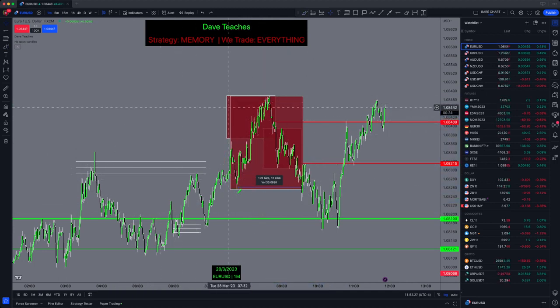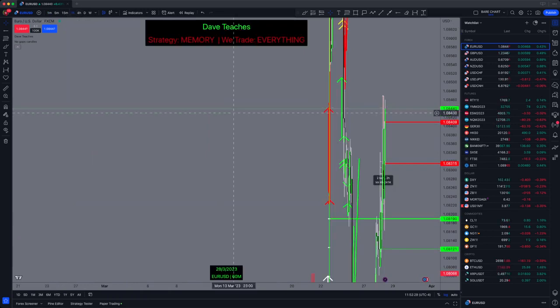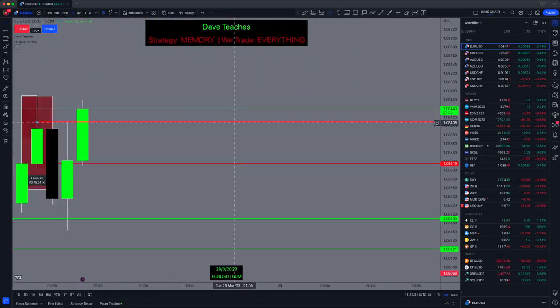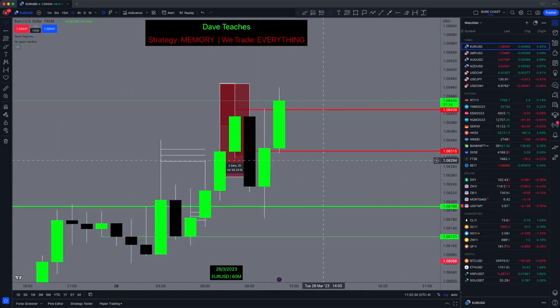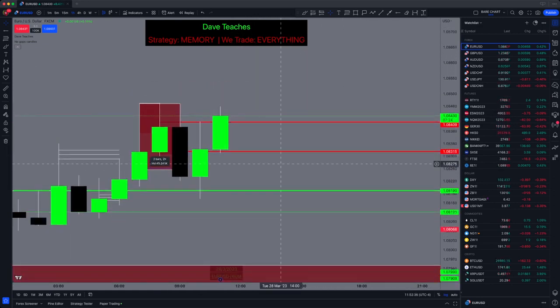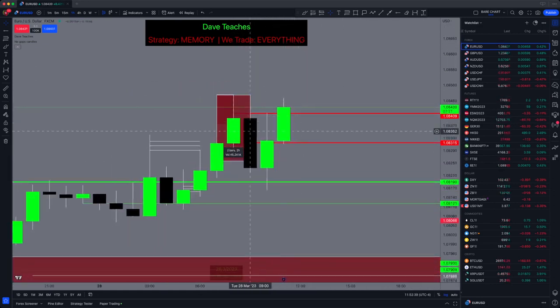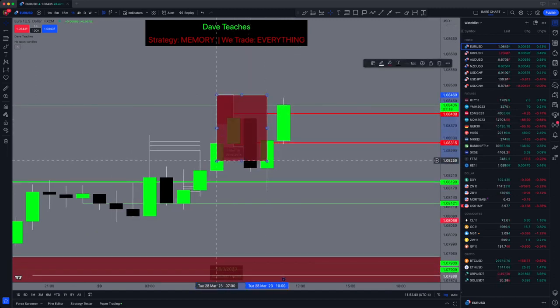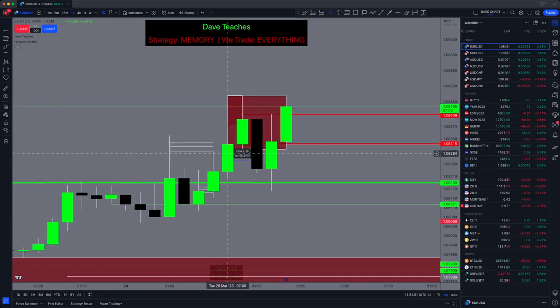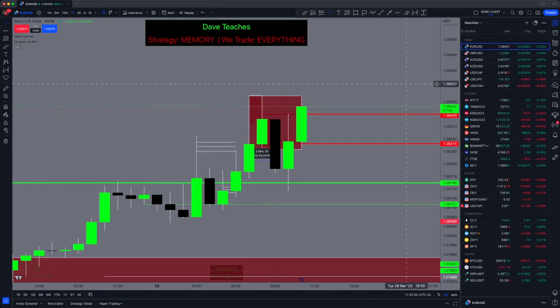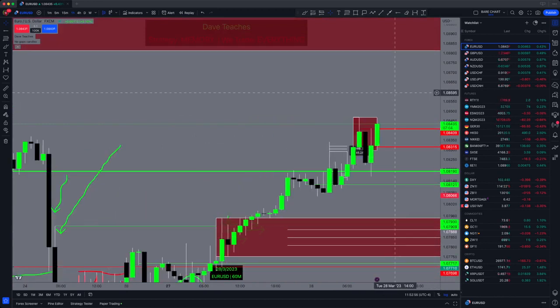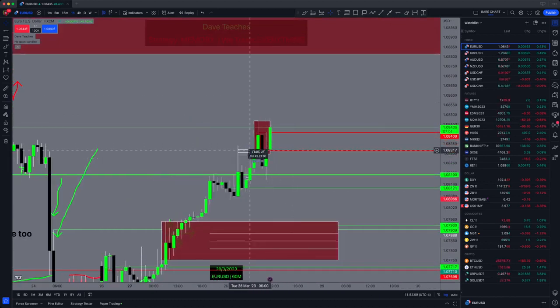So on a higher time frame, if I was to go to the hourly, we would look at what's in the hourly, and we would actually see that it's more or less an hourly up candle right here, or hourly up move right here. So if you zoom out, this ends up just being the violation of a candlestick low.